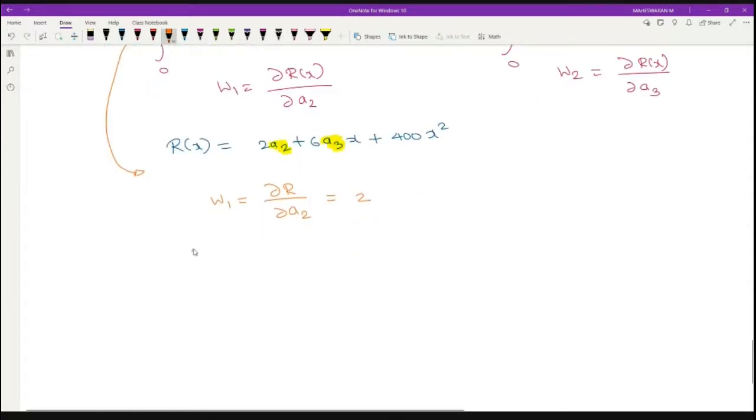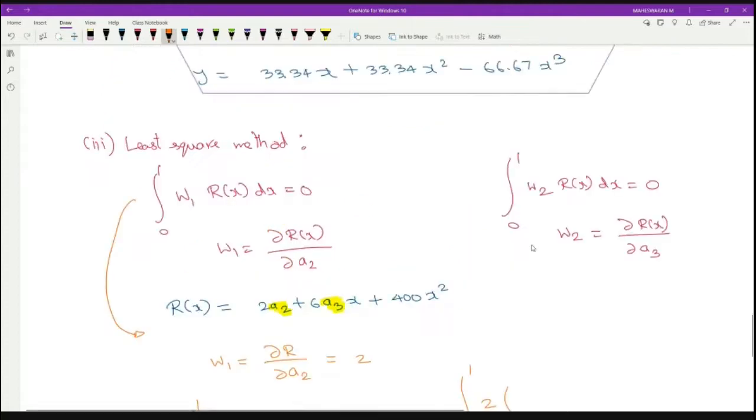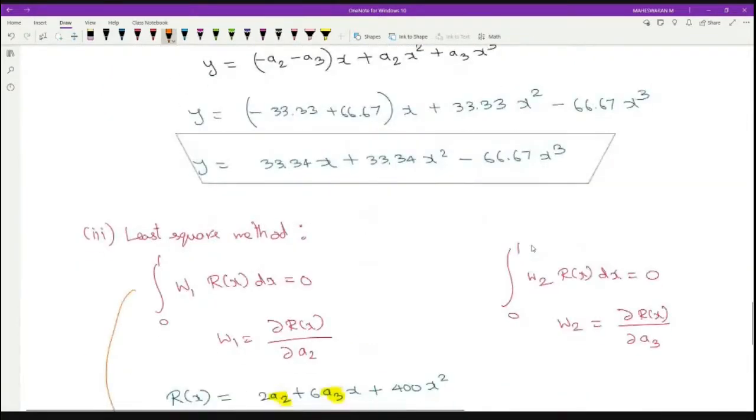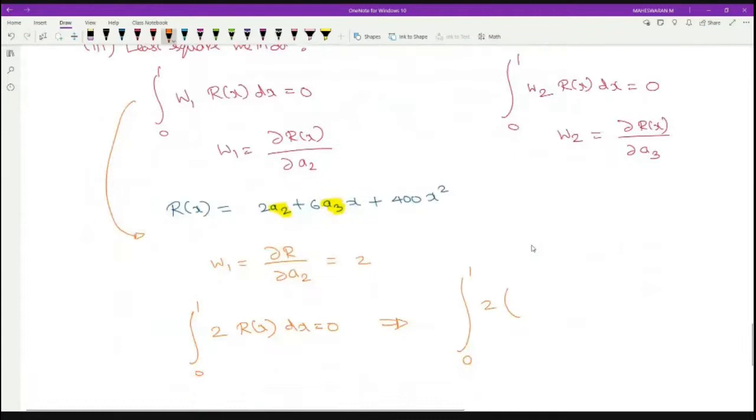So what is my equation? Under integral 0 to 1, W1 is 2, R of x dx is equal to 0, which means integral, I am again writing it here, 0 to 1, 2 into, right? So what are the terms I am having? So I am having r of x. R of x is 2a2 plus 6a3x plus 400 x square dx is equal to 0, right?